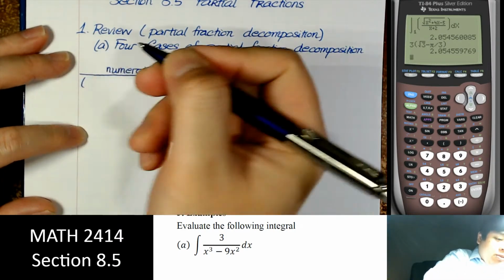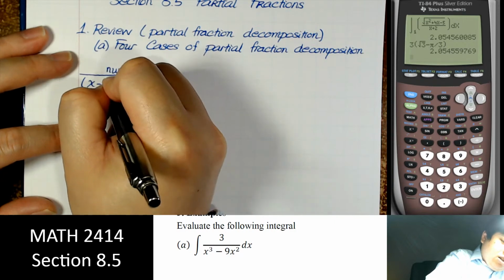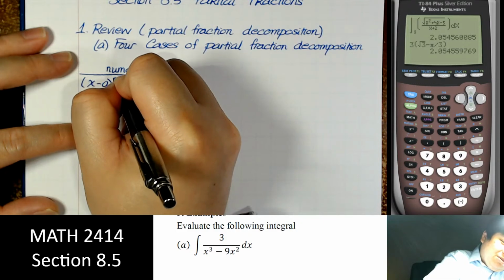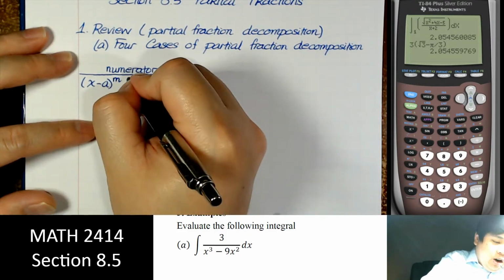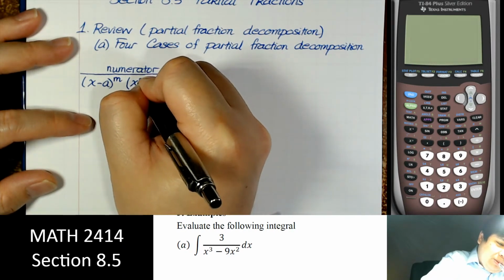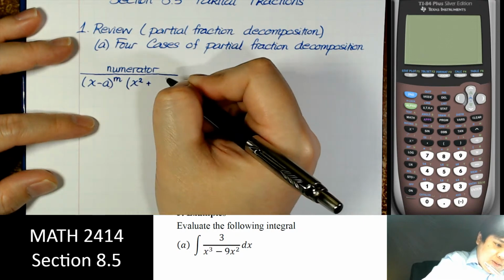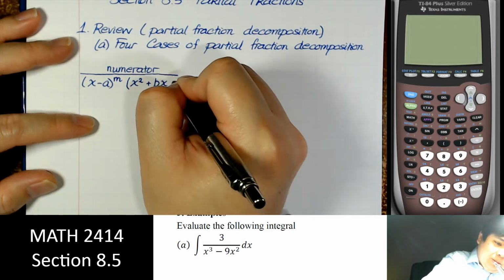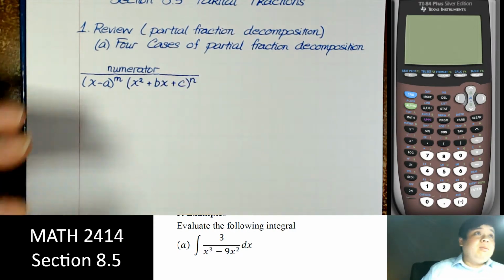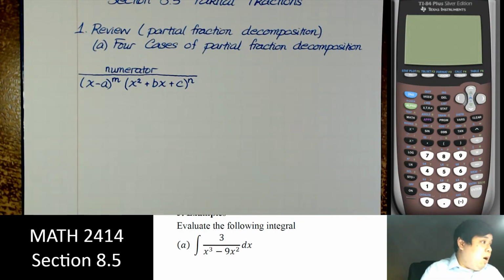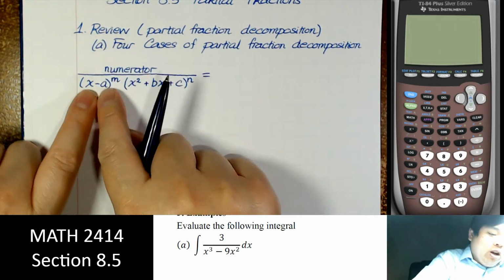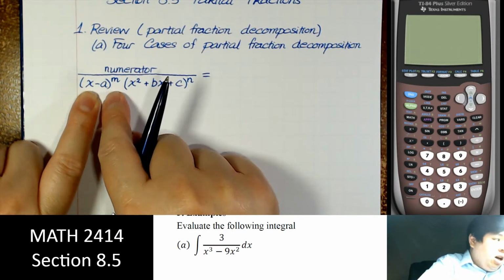Let's say we have x minus a to some power m, and then another quadratic to the n power. So we try to break this into a bunch of fractions. To do that, we look at the linear factors. There are m of them.